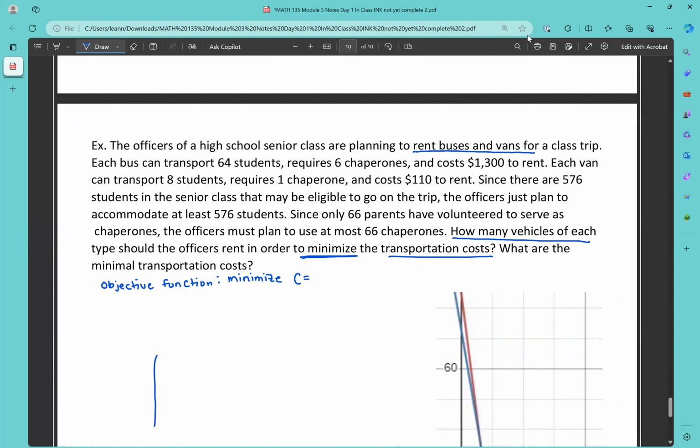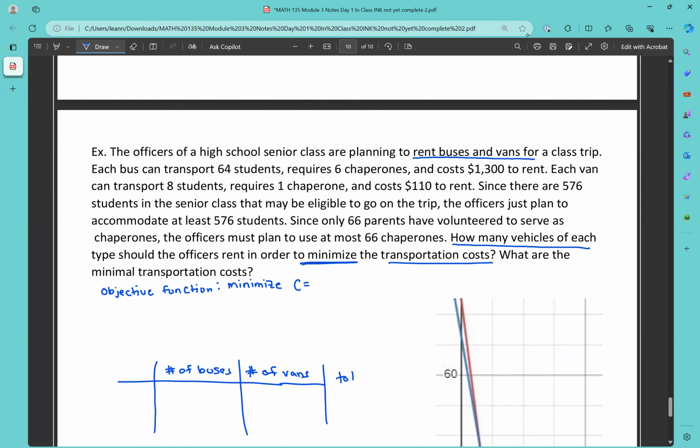So I'm going to make my little table down here. And we're going to have number of buses that they're going to use and number of vans. And then we're going to have totals for our rows that we'll put underneath here. So X will be the number of buses, Y will be the number of vans.